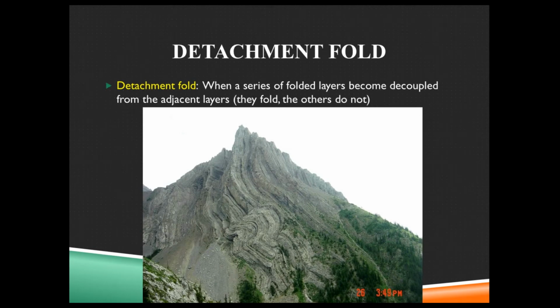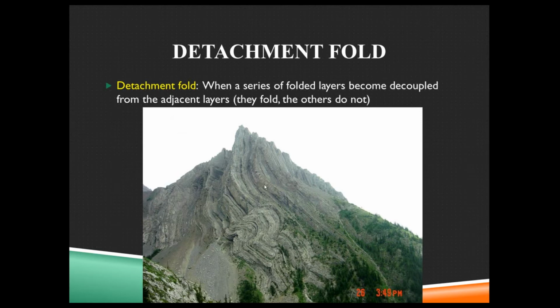Now, detachment. This happens when layers kind of detach or decouple from each other, and so they can fold differently. Sometimes one layer or a set of layers will fold and the others won't fold whatsoever.